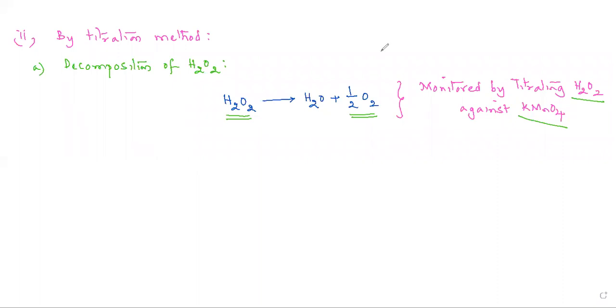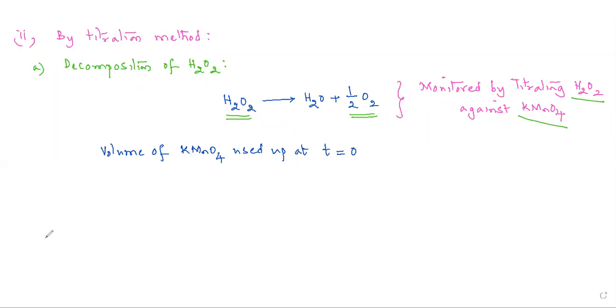Now, suppose I say volume of KMnO4 used up at a time t is equal to 0.